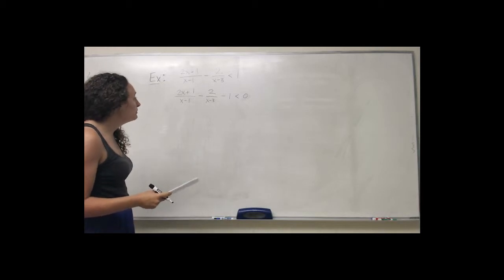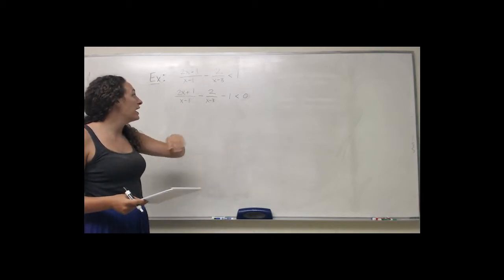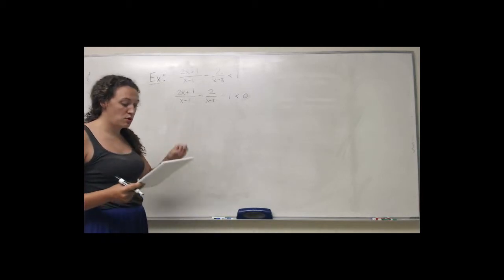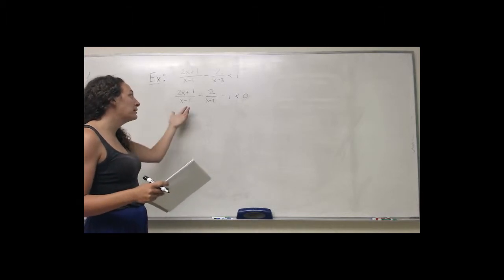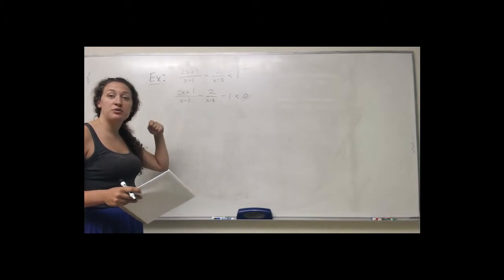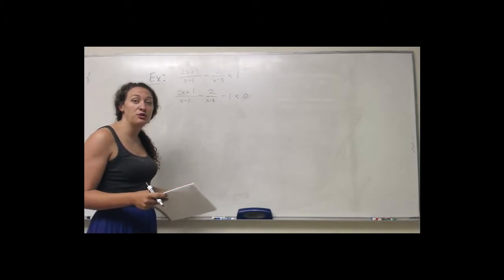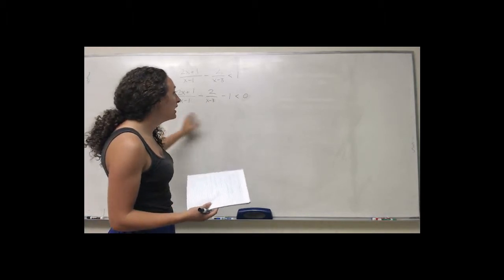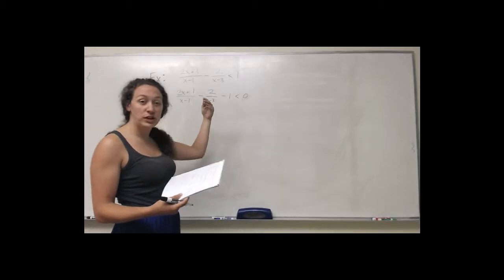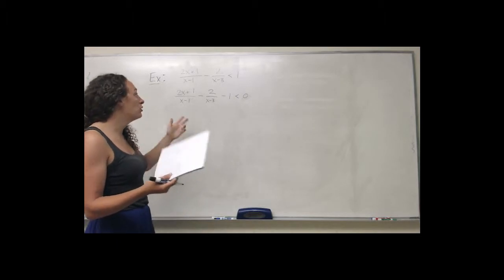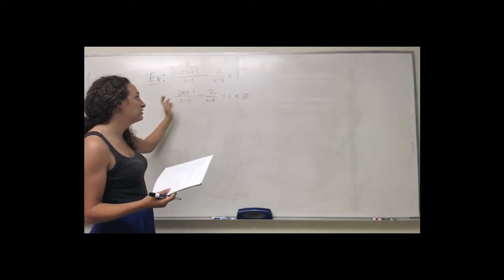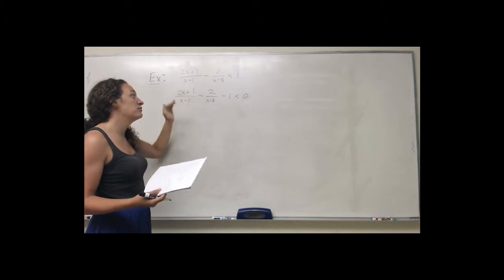Now your instinct might be to multiply through by x minus 1 times x minus 3, but unfortunately we can't do that, because x minus 1 times x minus 3 for certain values of x could be negative. If I multiply through by a negative number, I have to switch the inequality direction, and I can't tell because x could be such that this is positive or negative.